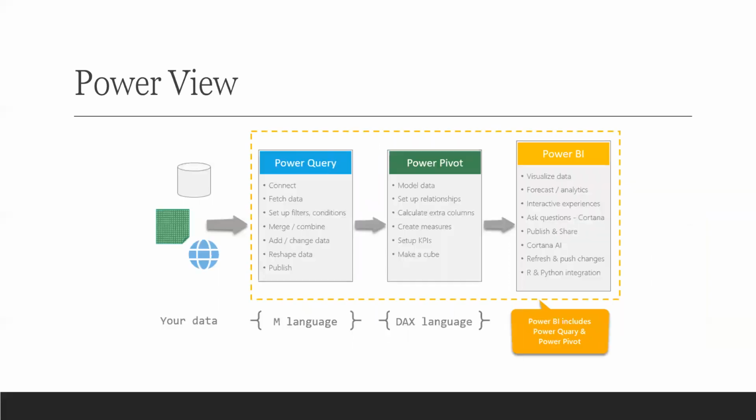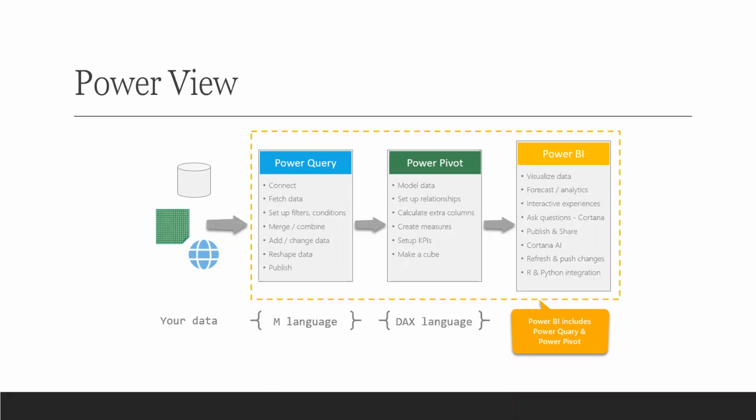Okay, Power View. Once you have Power Query which collects the data, and then we do the modeling of data using Power Pivot, now it is time to visualize the data. That is what Power View does. Because we have all the data here on the Power Pivot side, you can create graphs and forecast analysis.